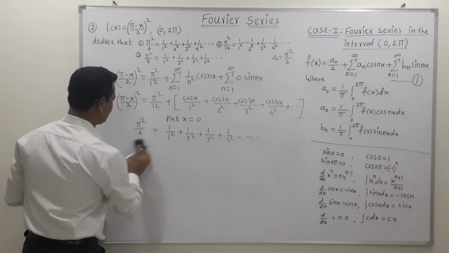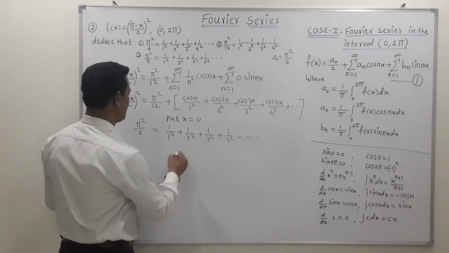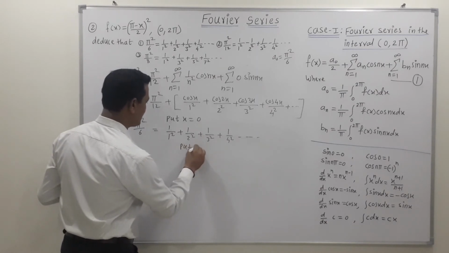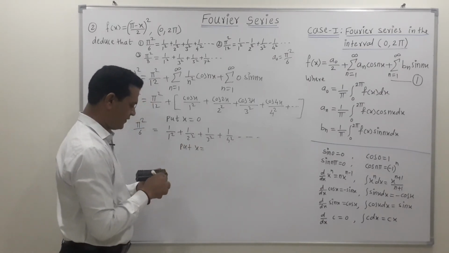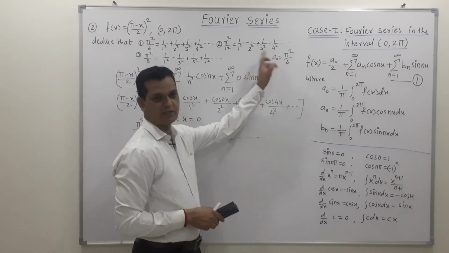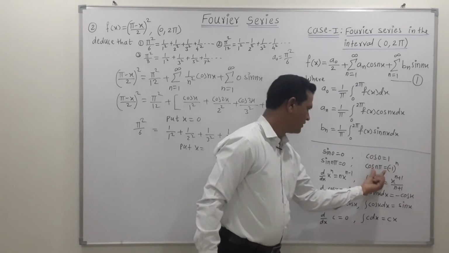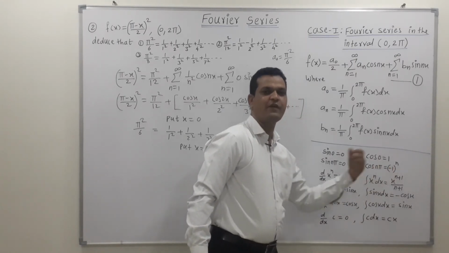Now let's obtain this second deduction. For getting the second deduction, the substitution is to put x is equal to pi. Here, friends, we require an alternating sign, plus minus and so on. The alternating plus minus sign is possible because of this term, that means cos of nx.